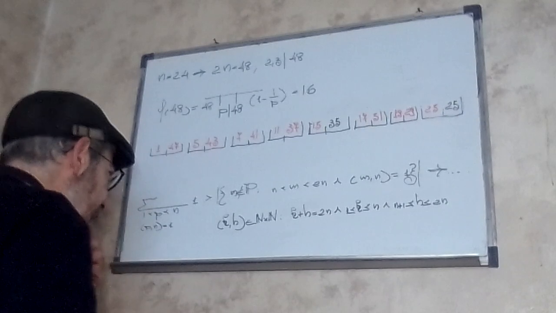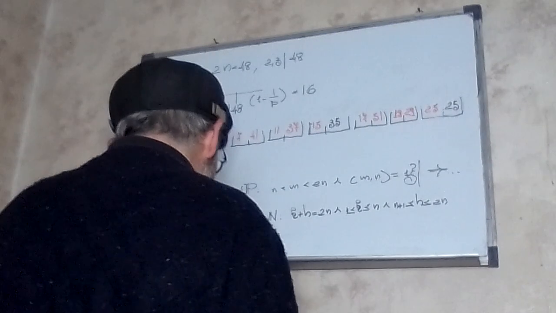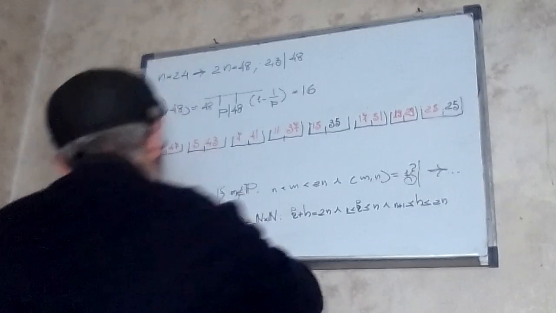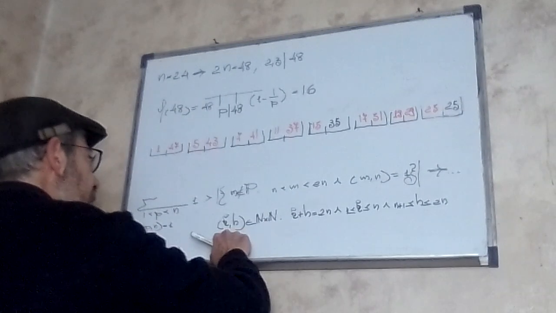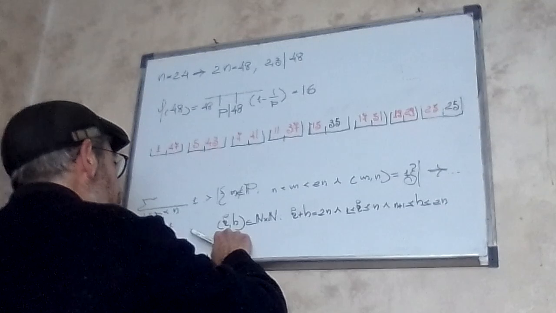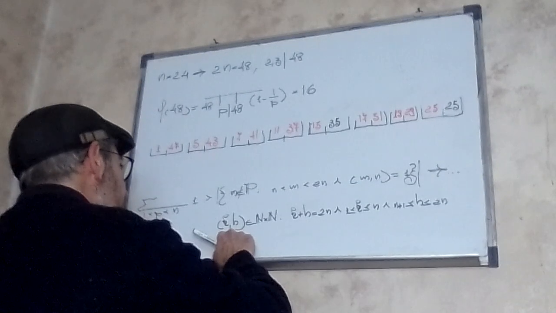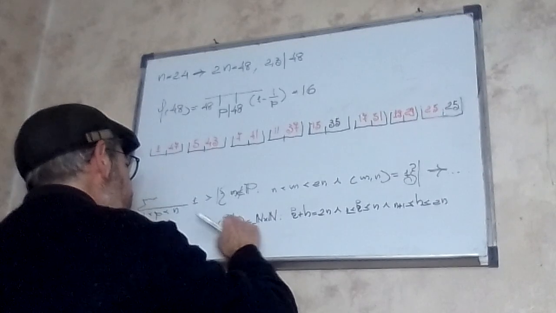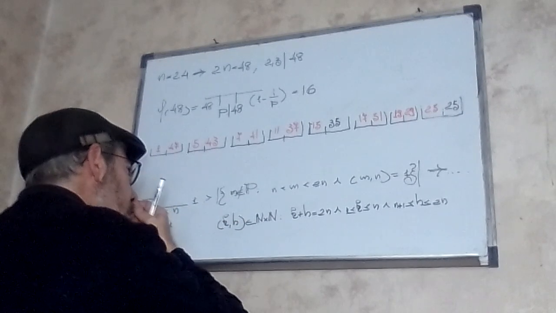So the elements k in this pair mutually cancel out with the elements h in this pair.